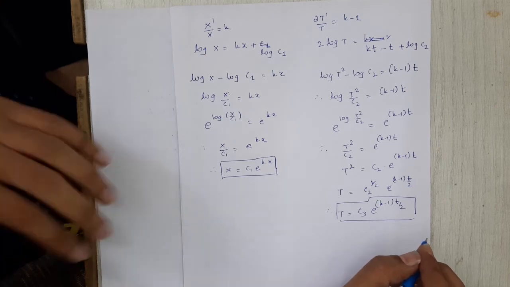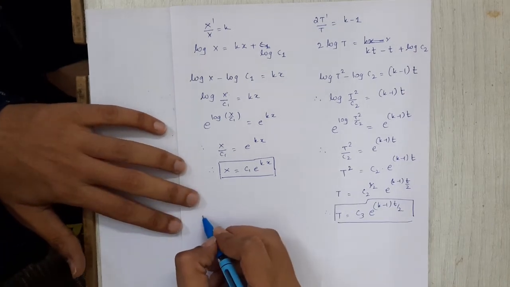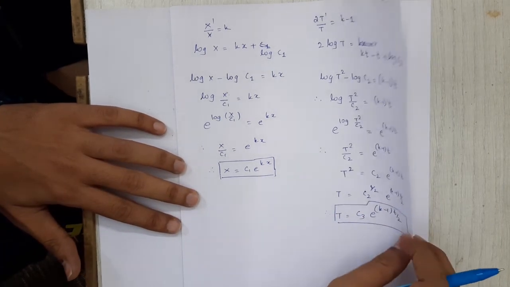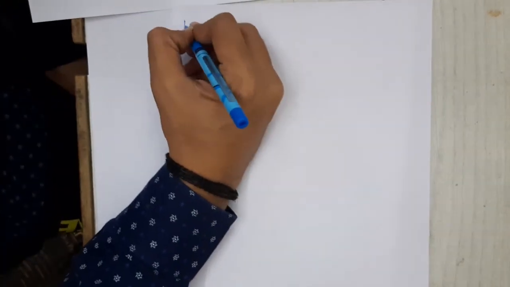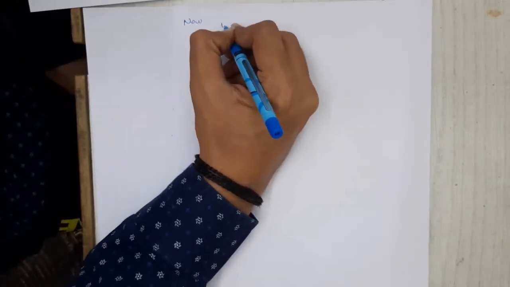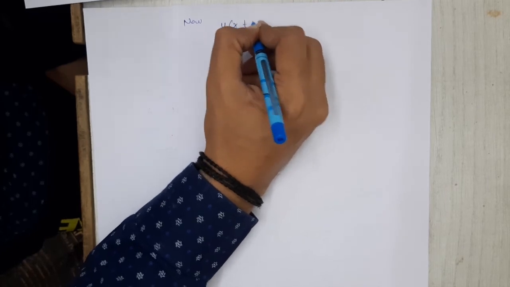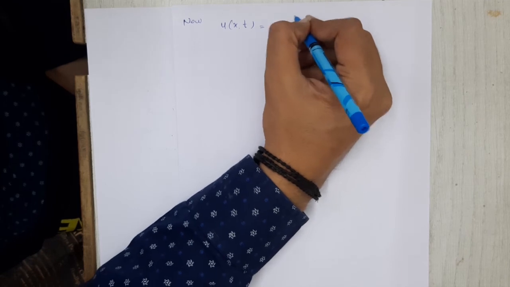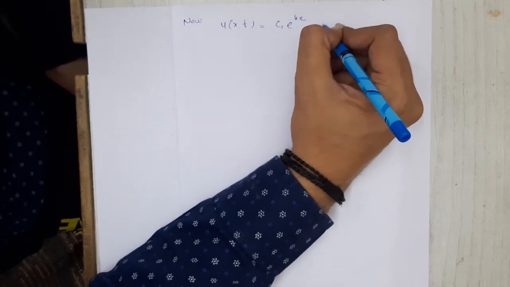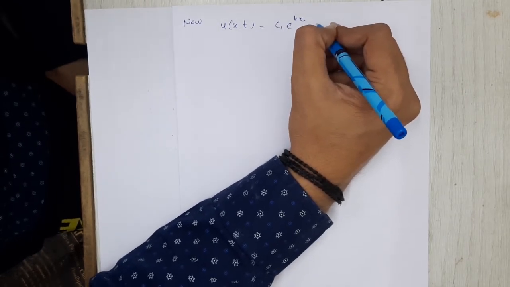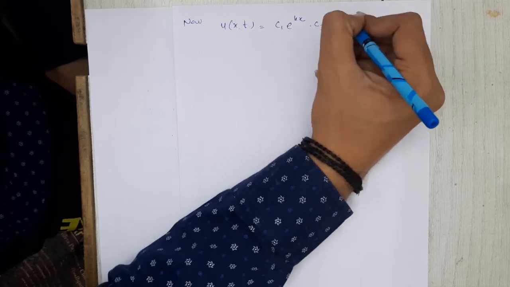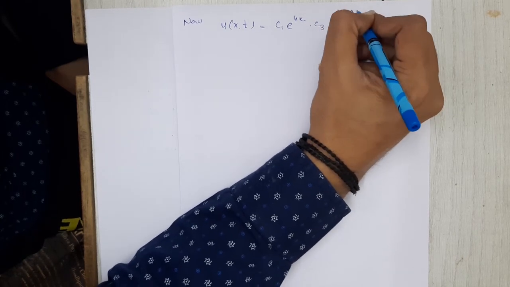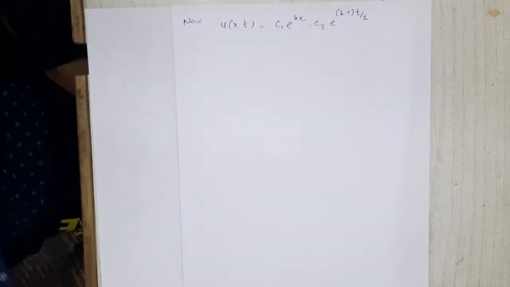So finally my answer u of x, t is exactly X was c1 e raised to kx and T is c3 e to the power (k minus 1) into t by 2.